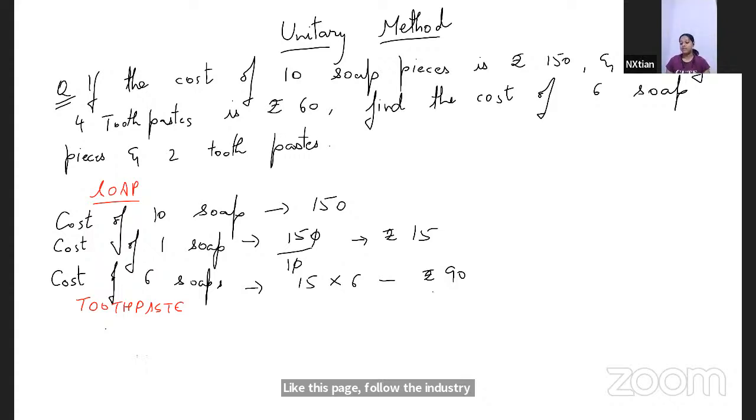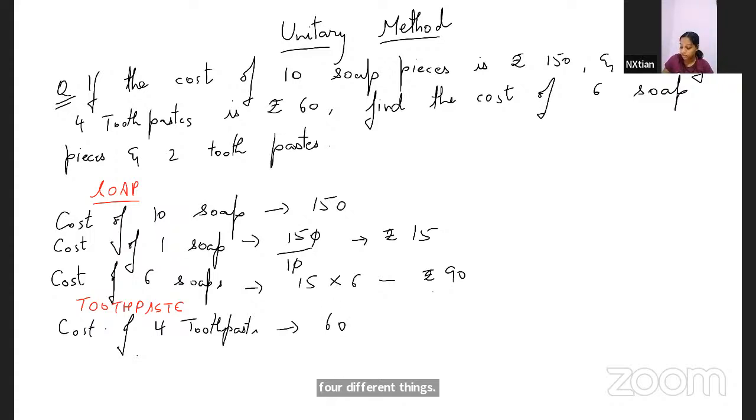So the toothpaste I have to calculate now. In my question, 4 toothpaste cost is 60. So let's write cost of 4 toothpaste was 60.